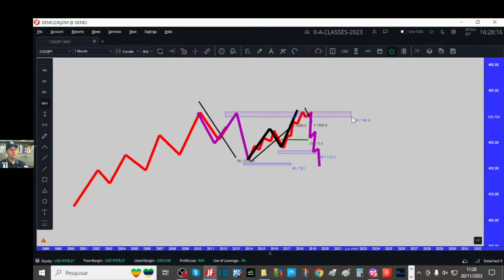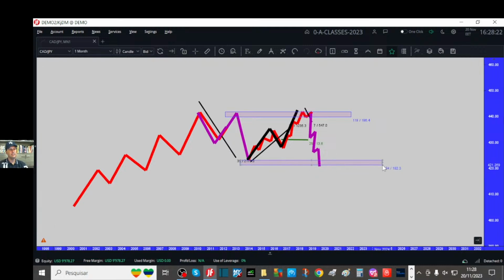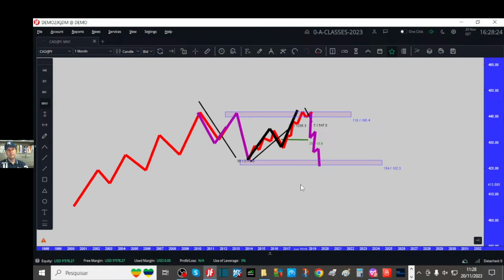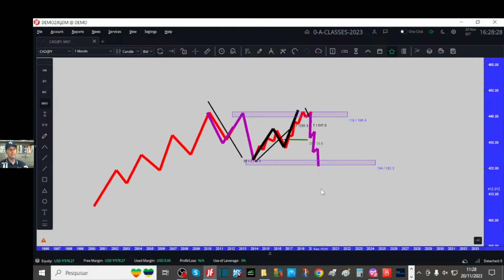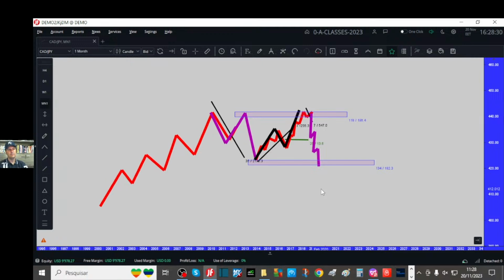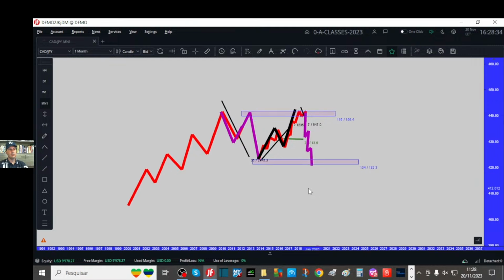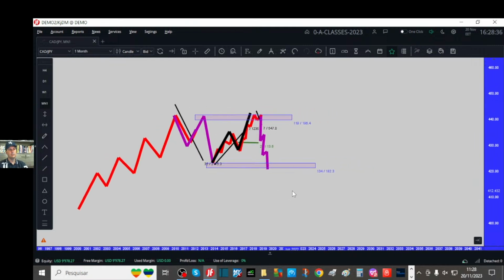Alright? Why not? Because we are in consolidation. Alright, everybody? Until you get more skilled, it's normal, pat yourself on the back, but this is how you are going to lose.